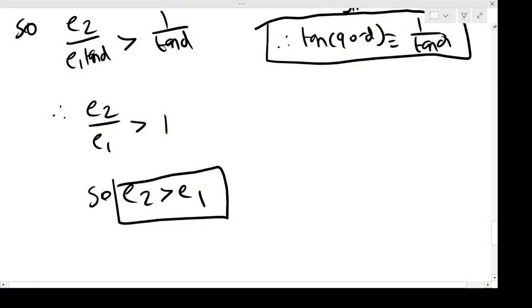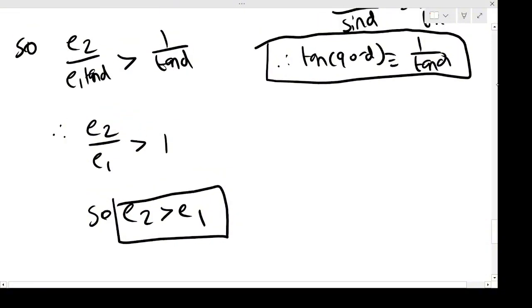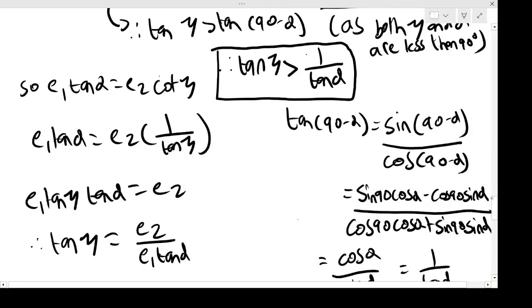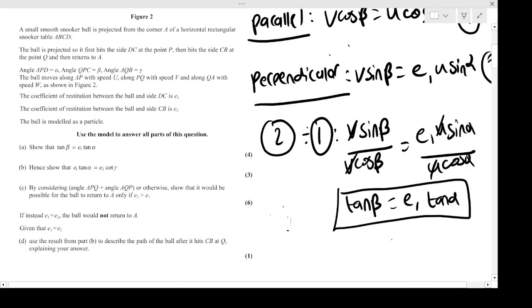Okay, so yeah, very nasty question that is. So that's part C done. Now, that was worth 6 marks. Actually, 2 of the marks were for just finding these 2 angles, which is what they told me in the question.